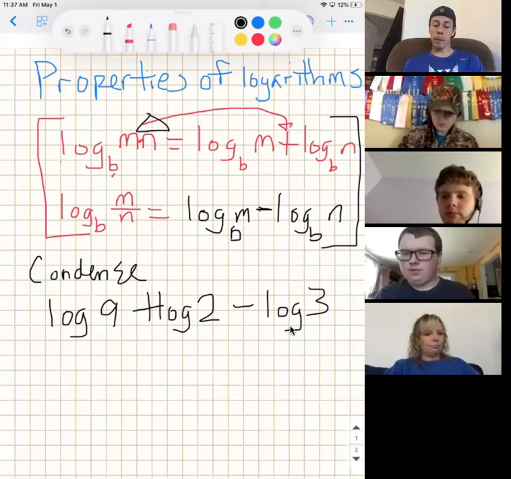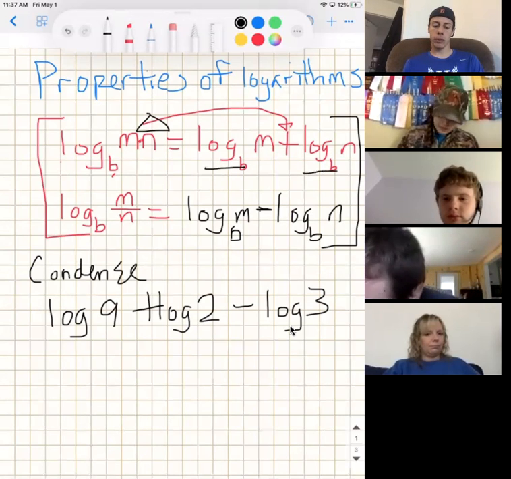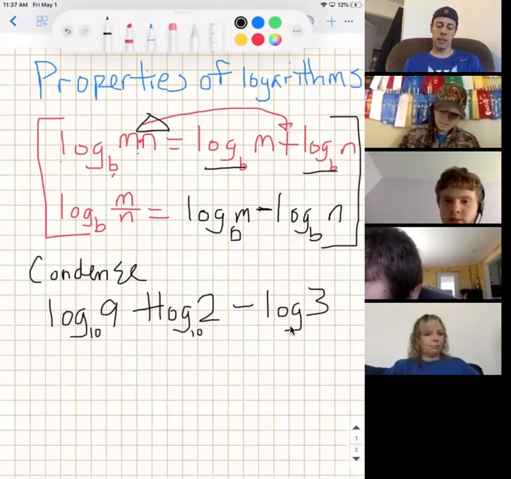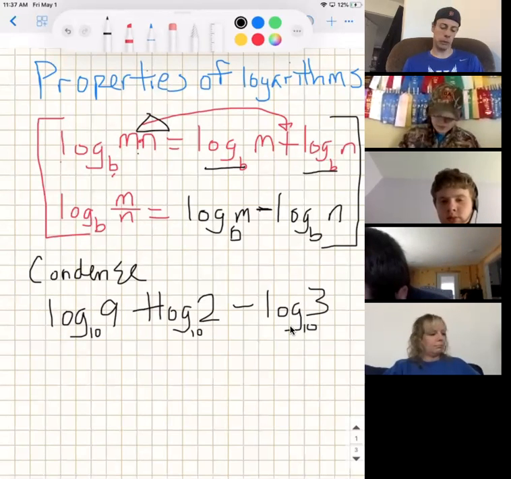So if we look at our properties up here, it says, hey, if you are adding two logarithms, you can write them in one logarithm as a multiplication statement. And let me remind you, if they don't tell us a base for a log, we're going to assume it's base 10. That's the default, or that's our go-to if they don't tell us, okay?